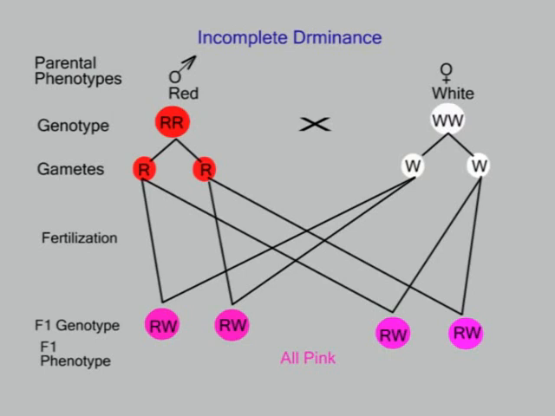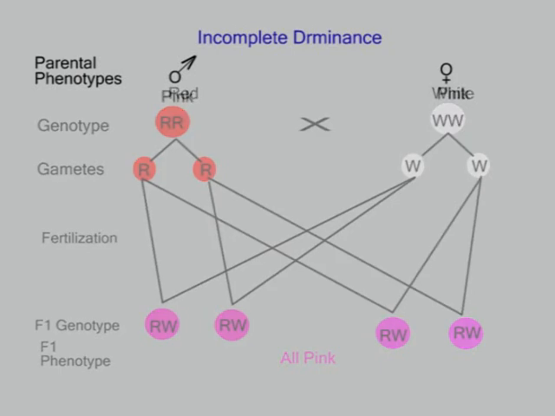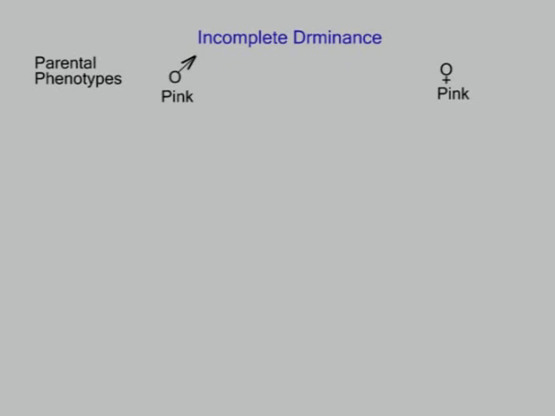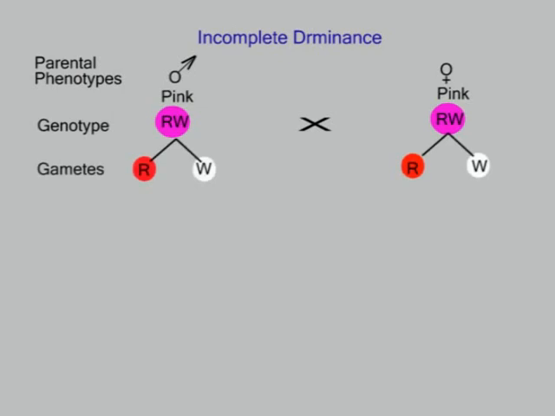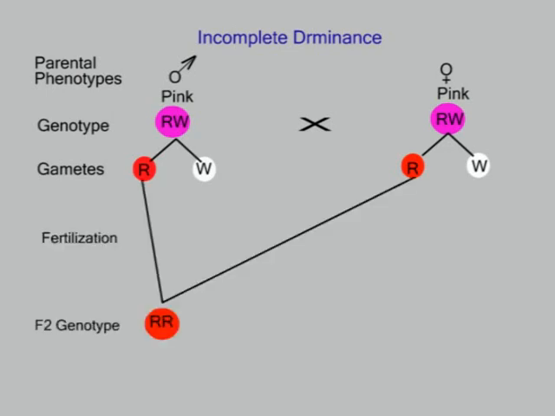Now, if we self the offspring of the F1 generation, we have parental phenotype: both are pink. So we have the parental genotype RW for both the male and female. Gametogenesis takes place and there is segregation, so we have gametes R and W for both of them. Then during fertilization there is the fusion, so R fuses with R in the first fusion, so we have RR in the F2 generation.